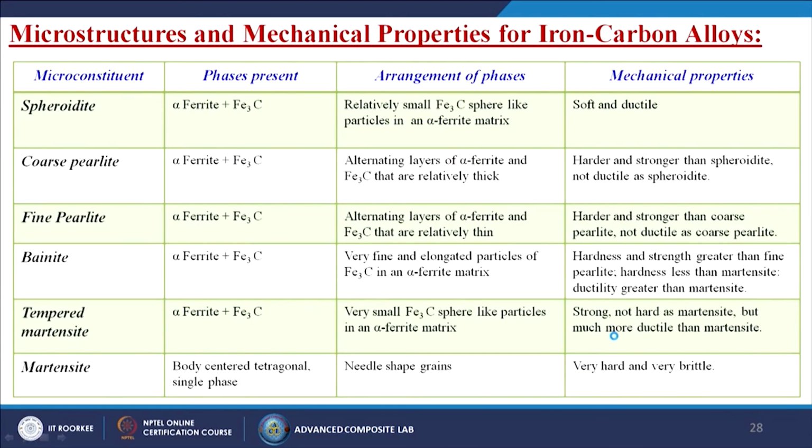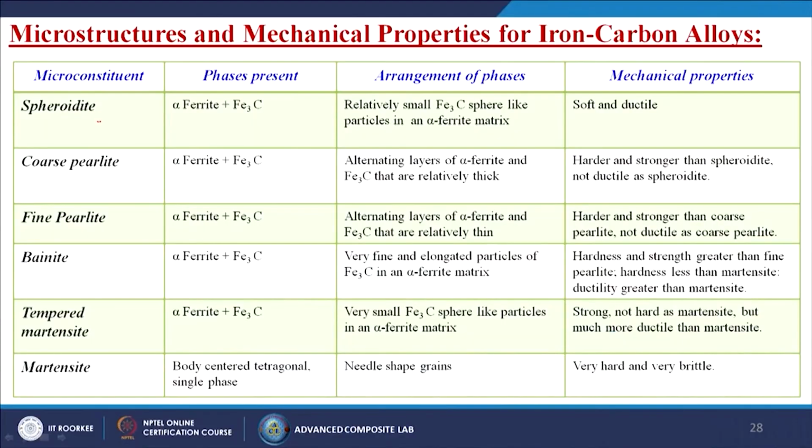Now, microstructure and mechanical properties for iron carbon alloys. This is an overall comparison table. For the microconstituent spheroidite, the phases present are alpha ferrite plus Fe3C. The arrangement of phases is relatively small Fe3C sphere-like particles in an alpha ferrite matrix. Mechanical properties: it is soft and ductile.